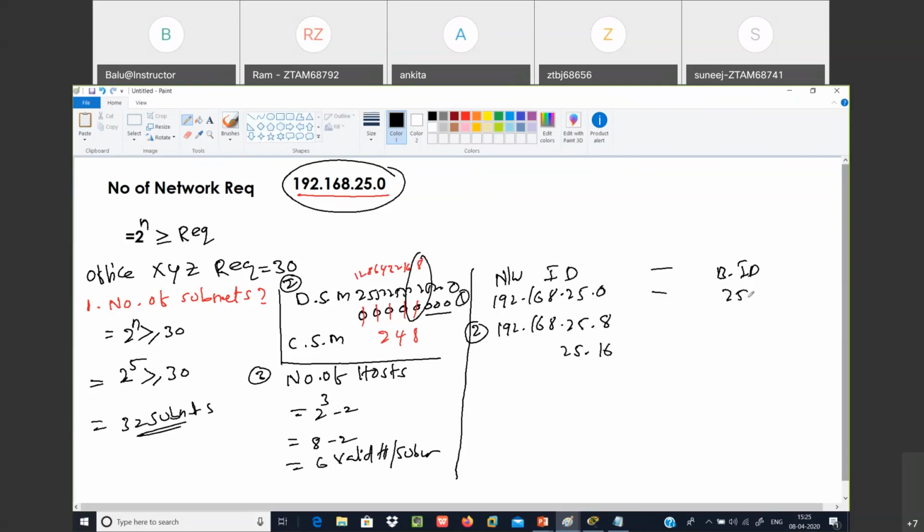So 25.7 is the end of the first subnet range. 25.15 is the end of the second subnet range. So 25.8 to 25.15. Between them we have 6 usable IP addresses: 25.9, 10, 11, 12, 13, 14. Even 8 is not usable and 15 is not usable, right?